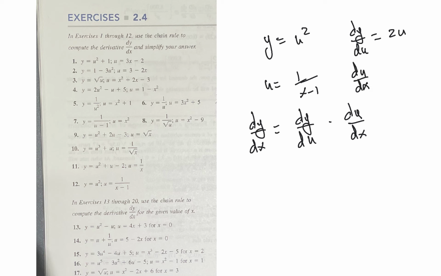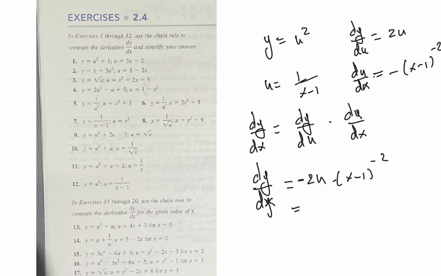Well, this is x minus 1 to the power minus 1. So the derivative is minus x minus 1 to the power minus 2. So plugging the numbers, we will have that the derivative of y with respect to x is the derivative of y with respect to u, 2u, times the derivative of u with respect to x, minus x minus 1 to the power minus 2.